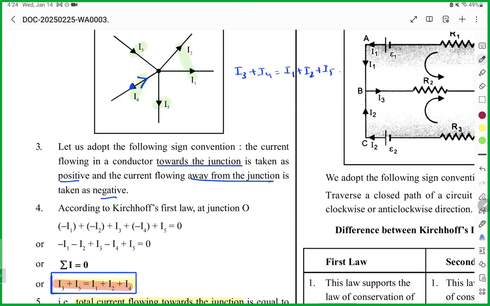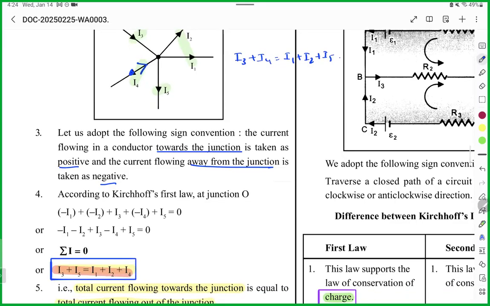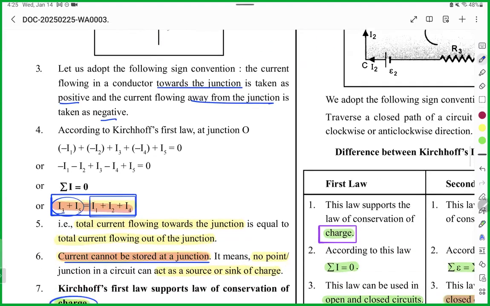And if it is taken this way, I3 is entering and I5 is also entering, so entry is equal to exit. Entry is by 3 and 5, and 1, 2, 4 exit. Understood? So there is a diagram mistake. The total current entering the junction will be the total current leaving the junction.